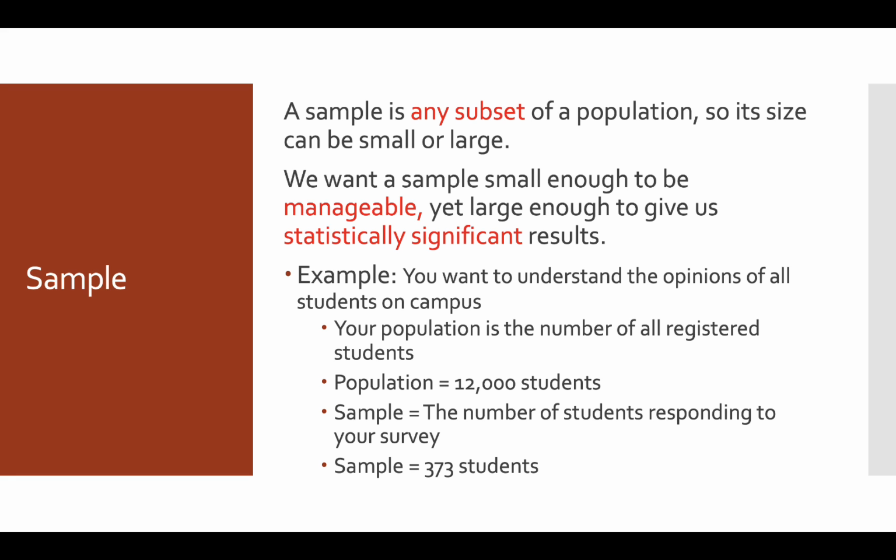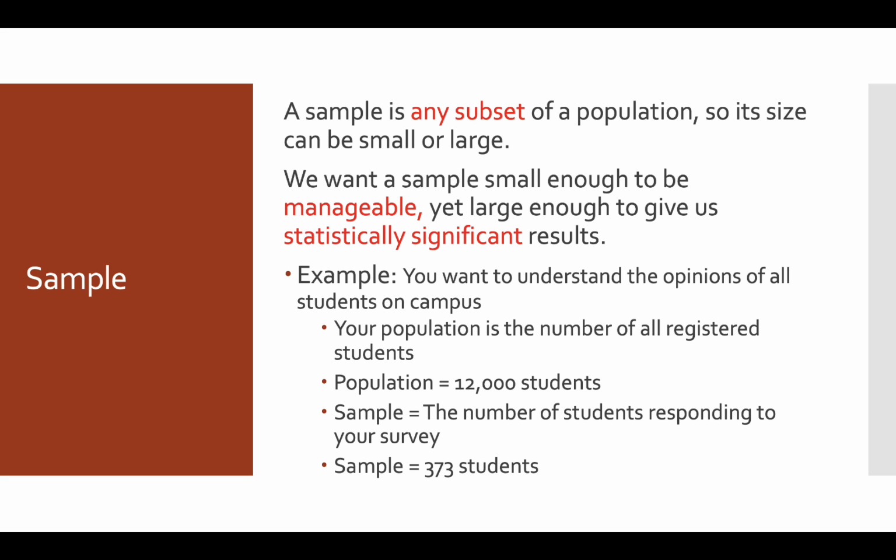So you're going to take a subset of the population, and in this case, in order for us to have 95% confidence that the actual number falls 5% below or 5% above that number, we would need 373 students.